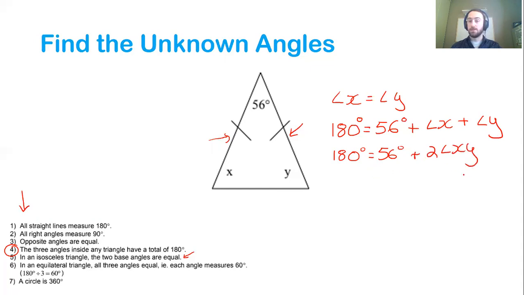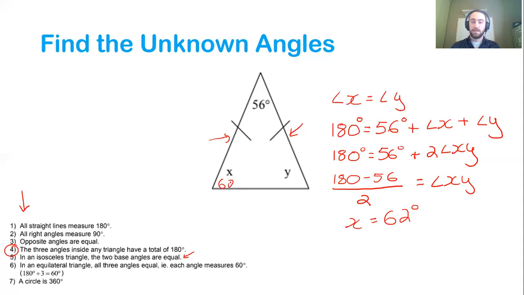Great, now we can solve. 180 minus 56, all divided by 2, will solve for our angle XY, giving us an angle of 62 degrees.